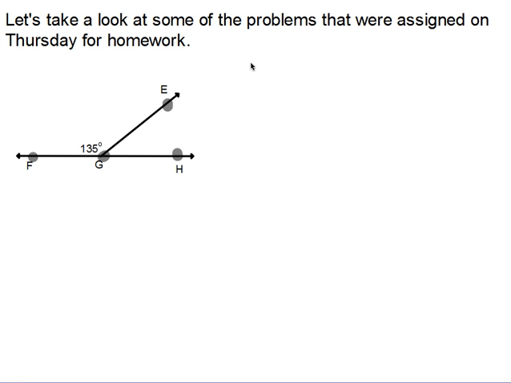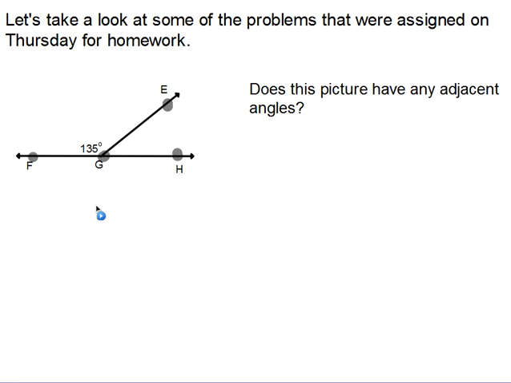Alright, so let's take a look at some problems that were assigned Thursday for homework. So this might have been a different day. But we had this problem right here, 135 degrees, and we didn't know this one. So, does this picture have an adjacent angle? Take a look at it. Does anything share a common side and a common vertex, where two rays come together to form a point?